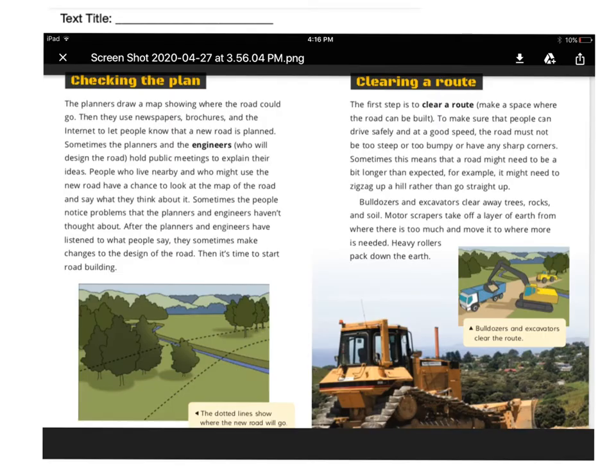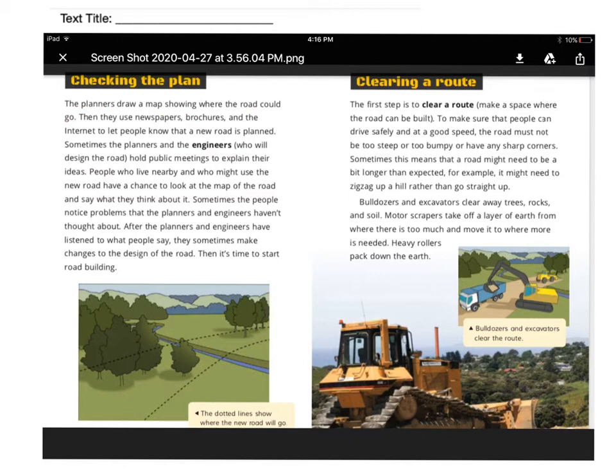Now I've read the second page of my story, and I see I've found the answer to my second question. Who makes the roads? Here it says that there are planners who draw a map showing where the road could go. So that must be one person involved in making a road. Then it says that engineers design the road. So engineers are involved.